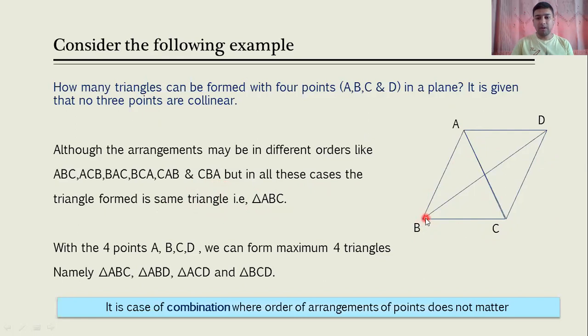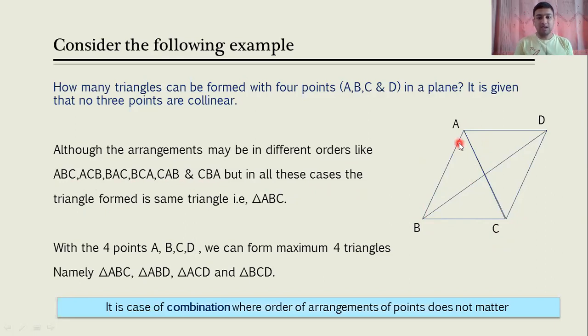If you consider point B, it can be BAC or BCA. If C is the vertex, then CAB or CBA. There are these 6 different cases, but in all 6 cases it forms a single triangle, and that is triangle ABC.